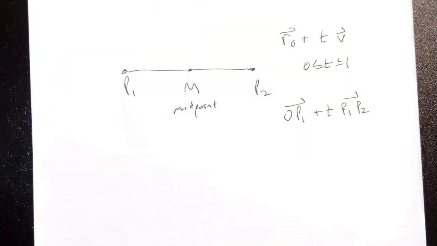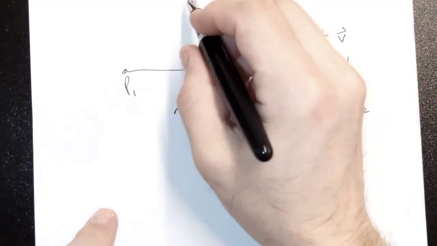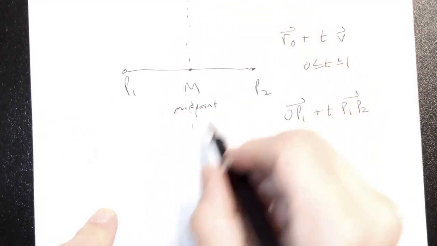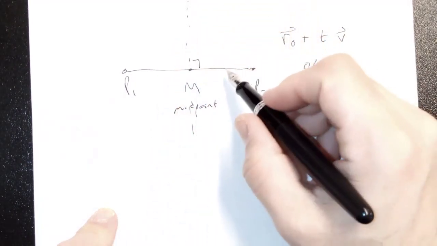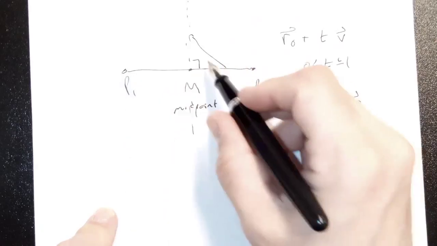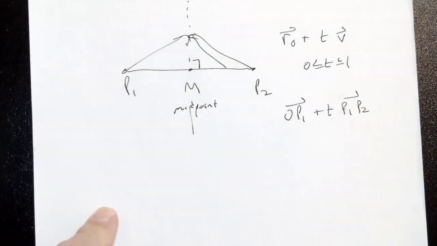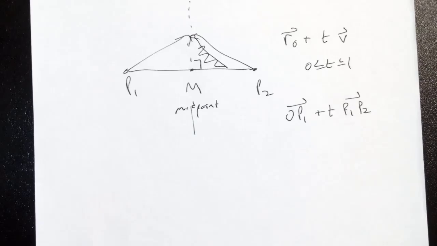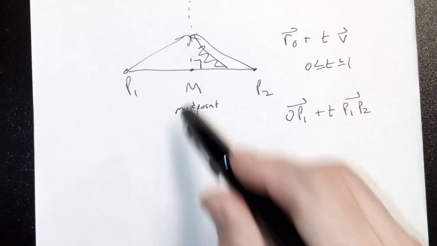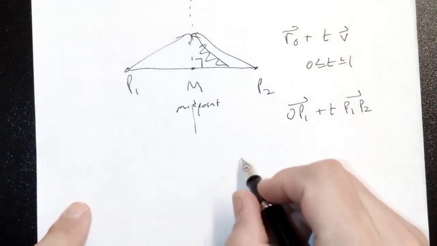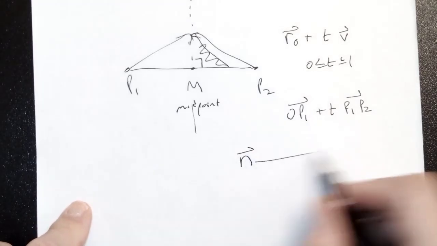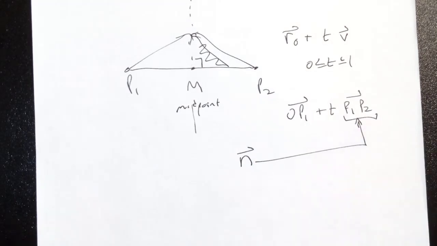Because every point, no matter how far up or down I go, as long as that makes a right angle, the distance from here to here is the same as the distance from here to here. So once I actually have the point, I then get my normal vector, which turns out to be that vector right there.